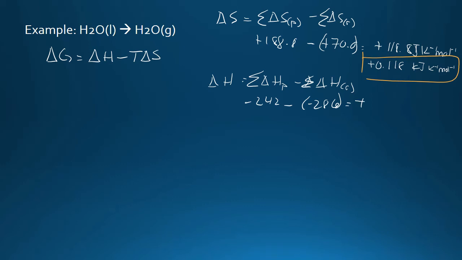That value is going to give us positive 44 kilojoules per mole. So we have found the two values, delta S and delta H. So what temperature is delta G going to be at equilibrium? All right, so we want delta G to equal 0.